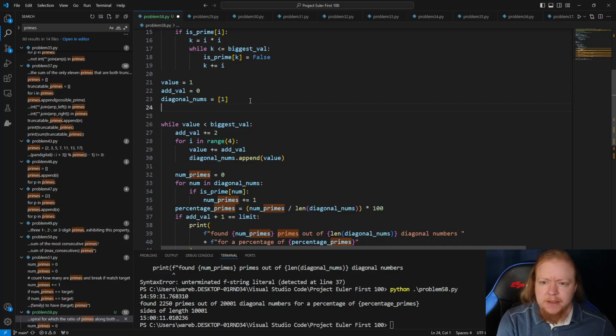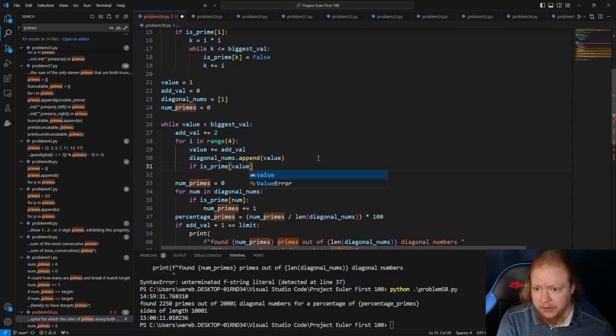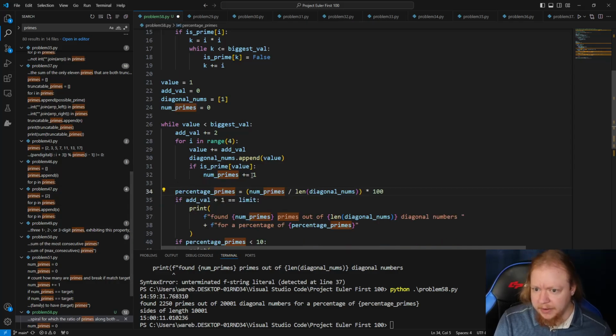I'm gonna have this do this. So if I set num primes up here, and then say if is prime value, then I can put this line there, and I don't have to go through this entire array again.